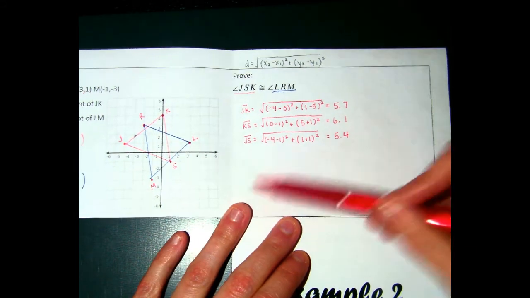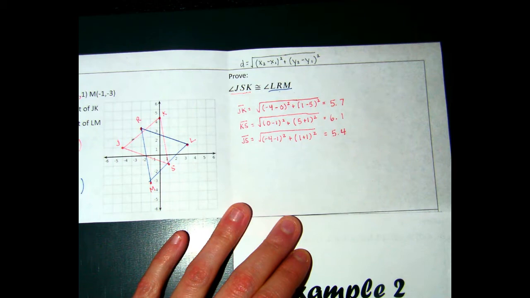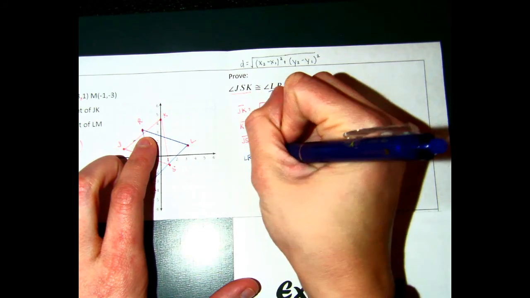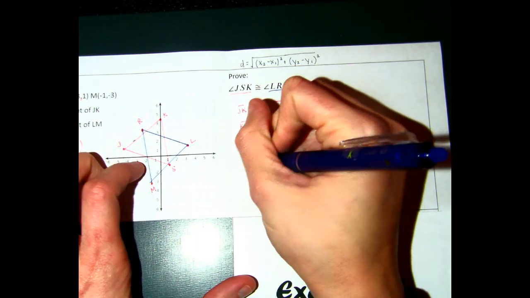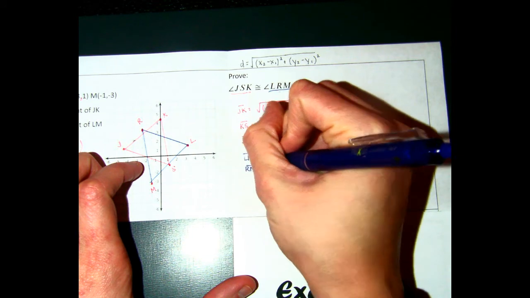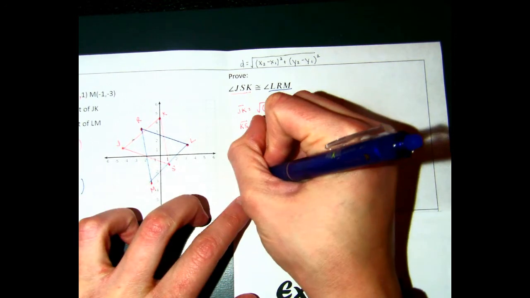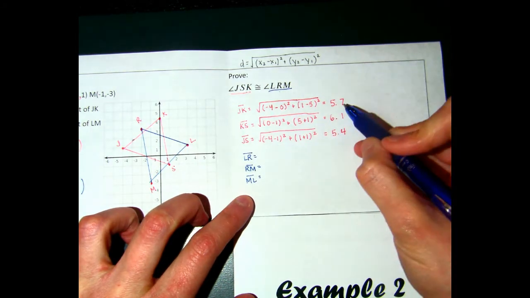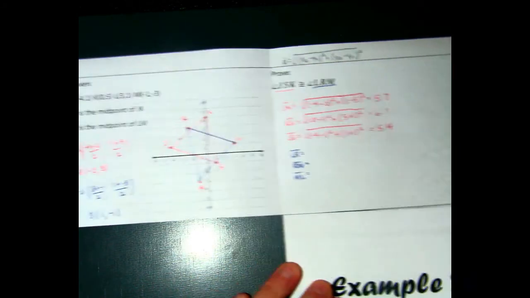I'm going to do those right underneath here. So with LRM, I've got LR, I've got RM, and I have ML. And my goal is that hopefully one of these will match up with one of these over here.